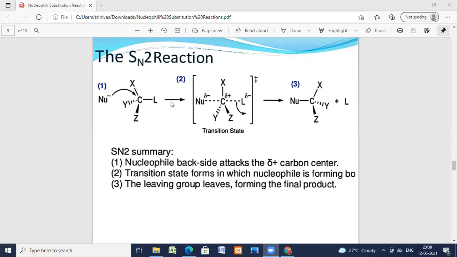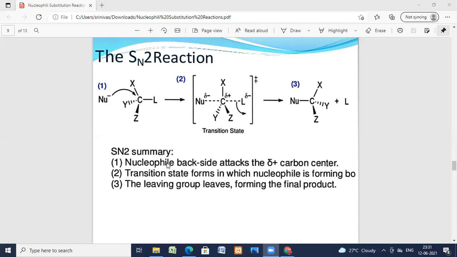So this is the rate determining step, where the rate is dependent on the nucleophile concentration and the concentration of alkyl halide. So you call it a bimolecular reaction. The rate is dependent on two concentrations.